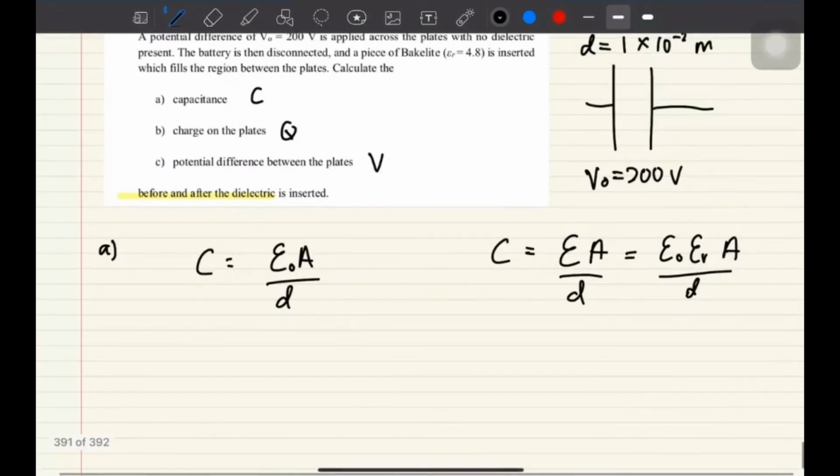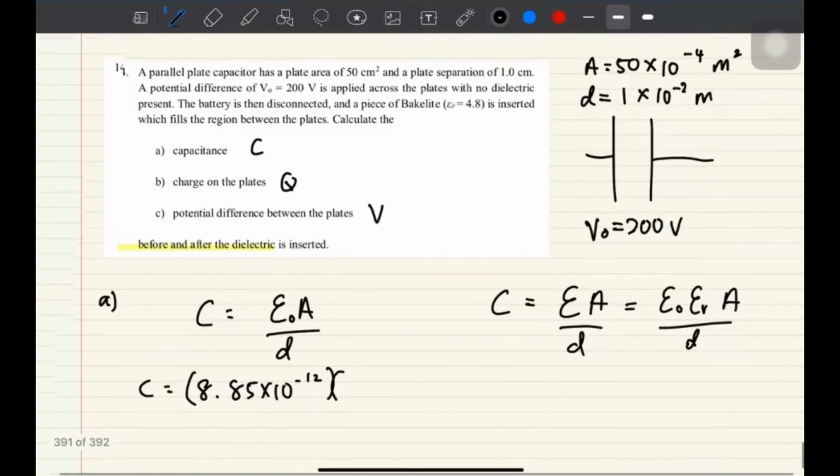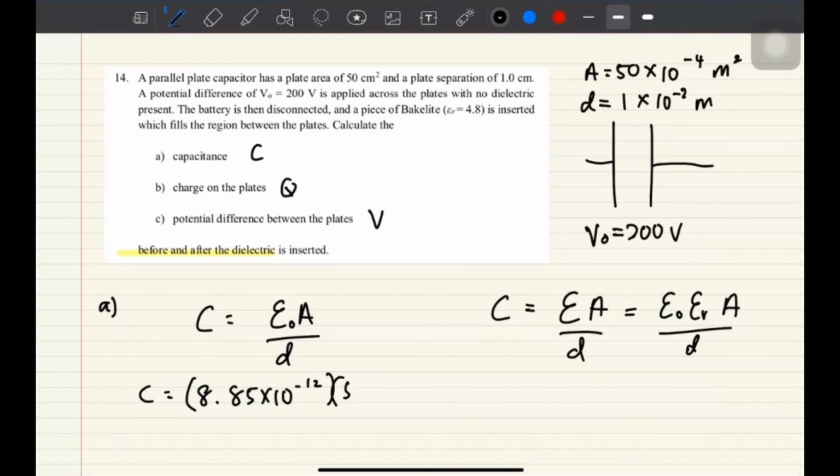Okay, to solve this one, C sama dengan values for epsilon naught, dia constant 8.85 times 10 negative 12. Area dia adalah 5 darab 10 negatif 4.